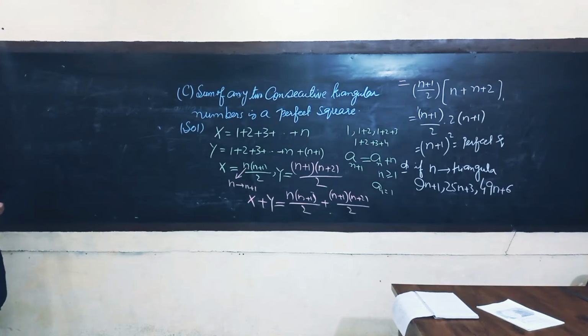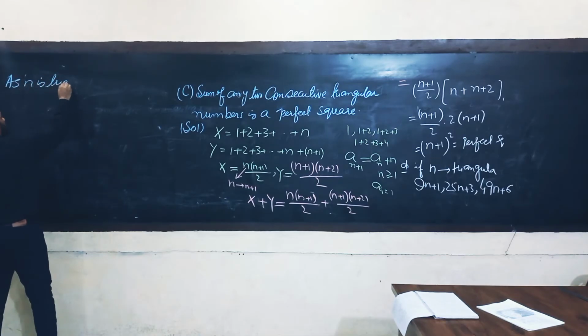Suppose that n is a triangular number, that is, the sum of the first m positive integers is triangular.